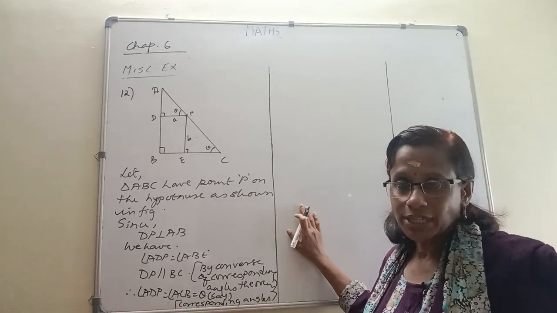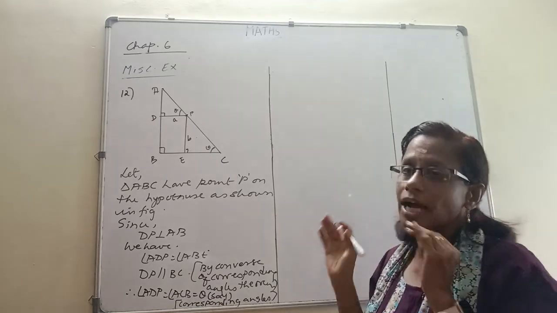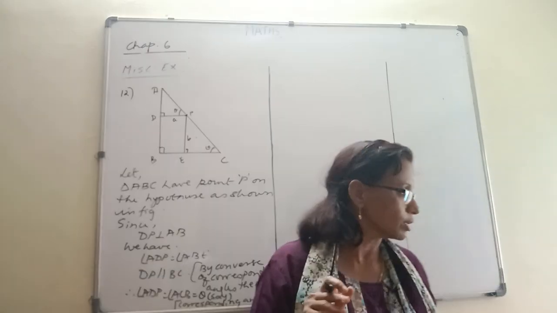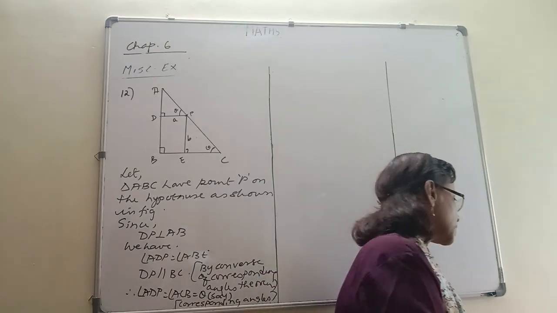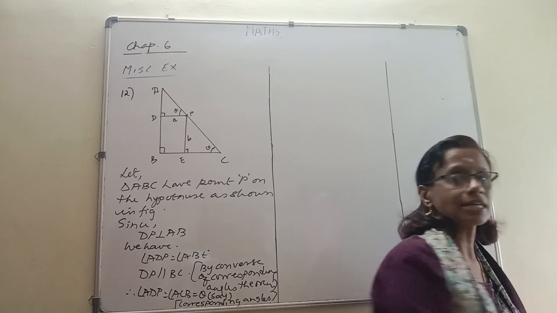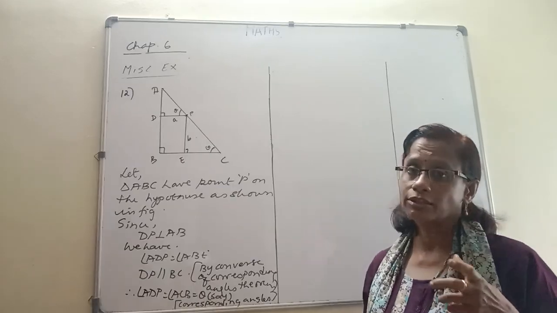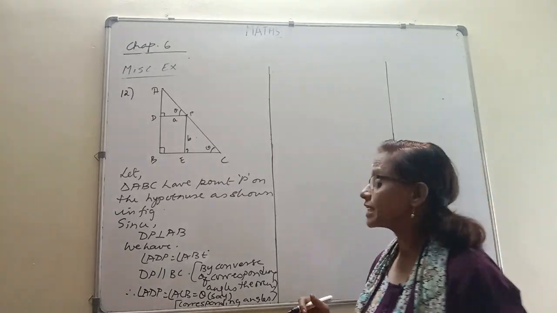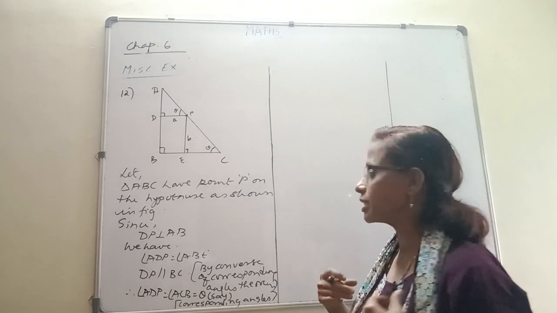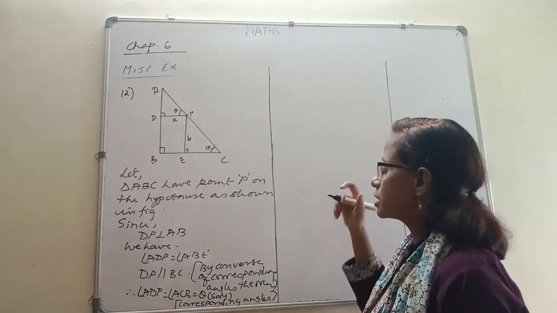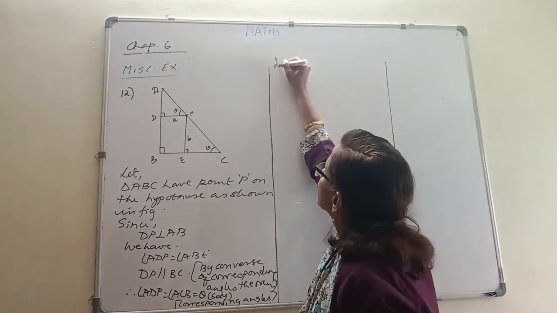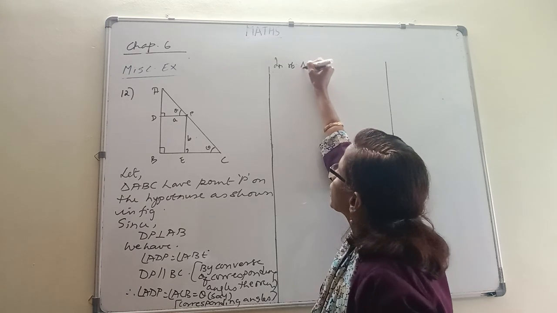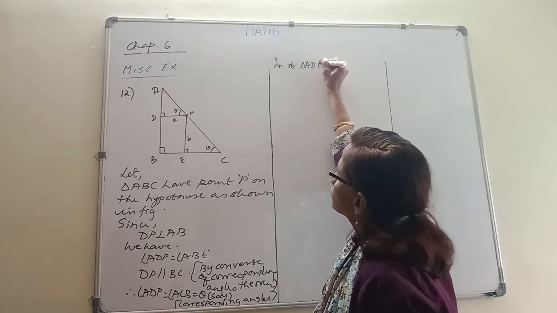Now let's go to those right triangles and try to get the hypotenuse in terms of a, b and theta. They have asked us to find the length of the hypotenuse, so AC is what we need to find. First, let's go to the right triangle ADP.